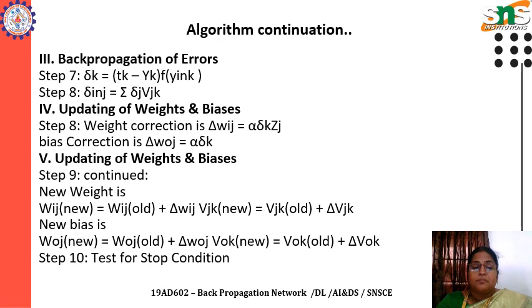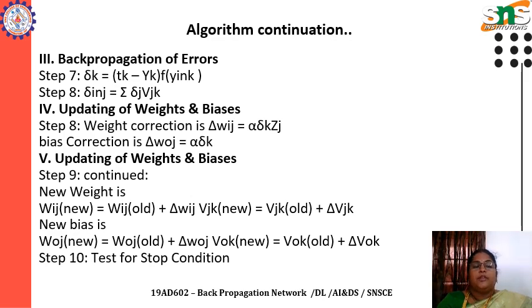Next, back propagation of error, which has steps 7 and 8. From step 2, we receive the input from the input layer, then it passes to the hidden layer, and the weight associated with each and every input will be calculated. From the hidden layer, we send it to the output layer.